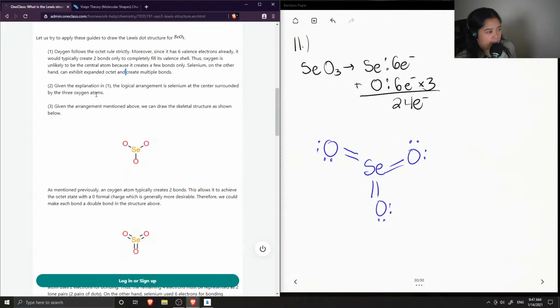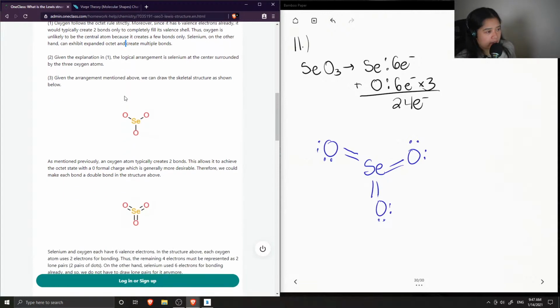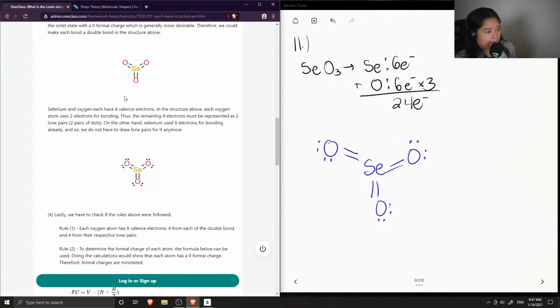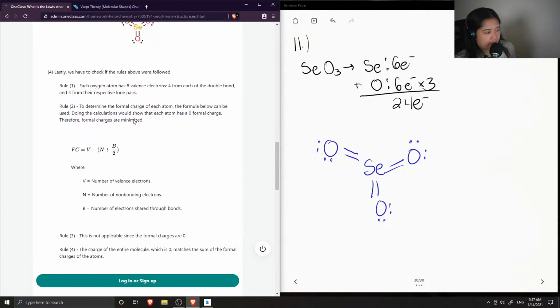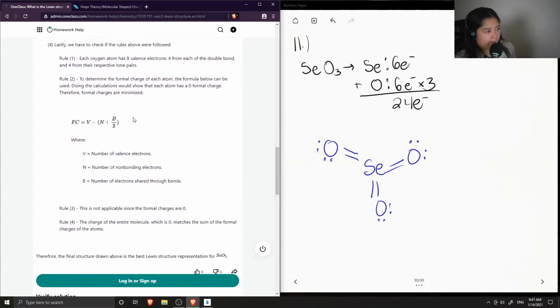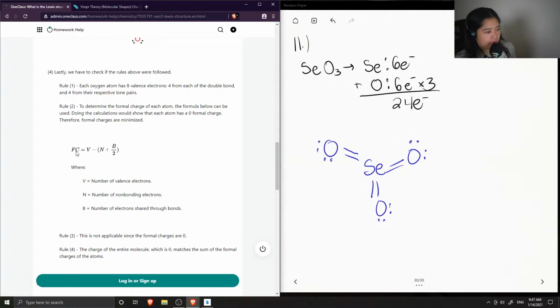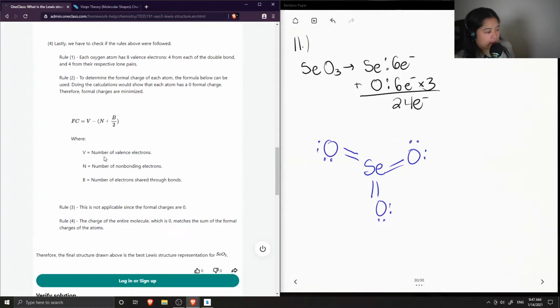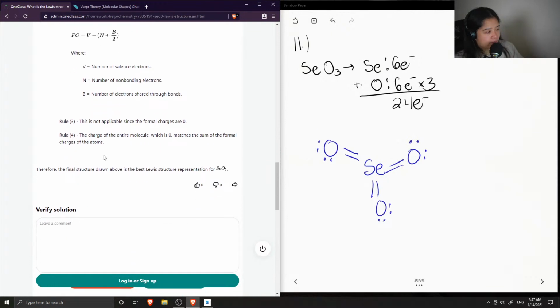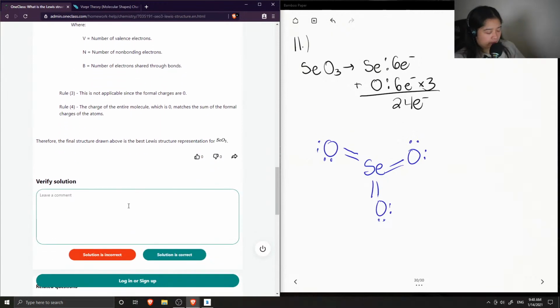Given the explanation in step 1, the logical arrangement is having selenium in the center. Then they showed how all the double bonds can be formed, and they included the equation for formal charge. If we were to calculate the formal charge of all the atoms, it would just be 0. So this solution is correct.